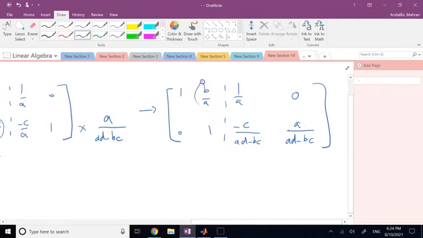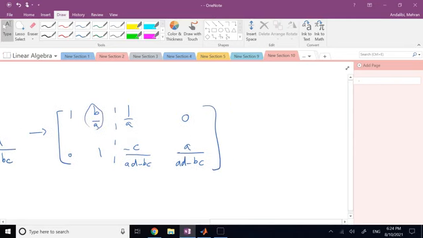Now all I need is to eliminate this, and for that I need to basically add row 1 to the negative B over A times row 2, which is the ratio of these two numbers negated.